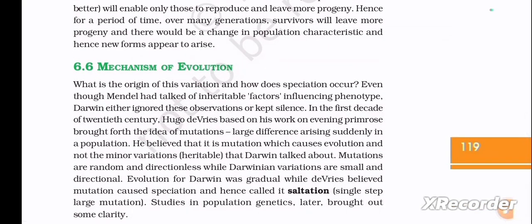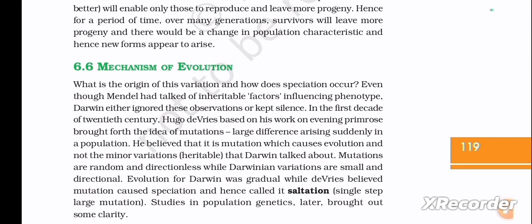Next is mechanism of evolution. What is the origin of this variation and how does speciation occur? Even though Mendel had talked of inheritable factors influencing phenotype, Darwin either ignored these observations or kept silence.